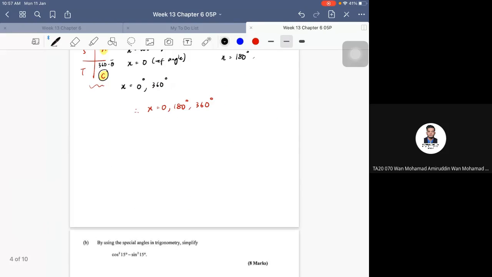Ni just refresh so kita dah discuss sebelum ni. So the fact that ni adalah cos rule, dekat sini cosine je yang positif dekat fourth quadrant. Dekat first quadrant semua positif, A stands for all, second quadrant sine, so third quadrant tangent yang akan jadi positif. So in term of macam mana nak cari angle pula, so dekat all ni, nilai sebenar theta adalah sama dengan reference angle.